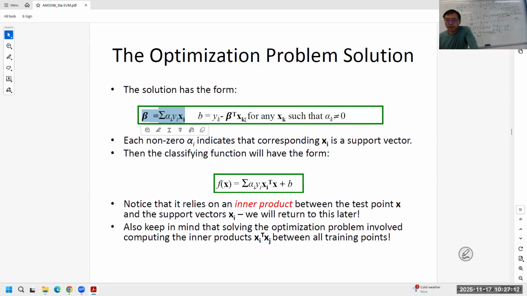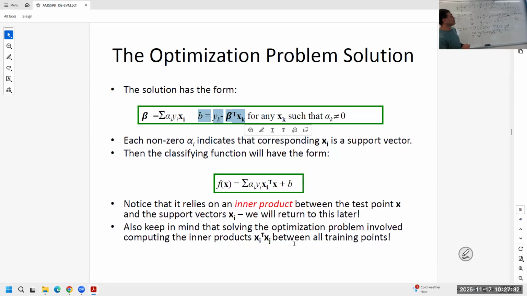Once your beta has been defined, we can then define b equal to yk minus beta transpose xk for any k such that alpha k does not equal 0. Because for any alpha k not equal to 0, that means xk is at the boundary, right?